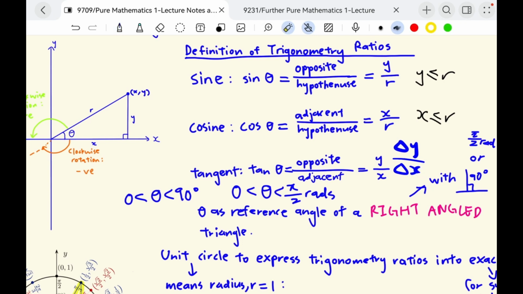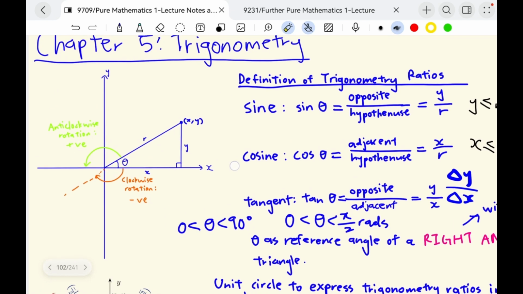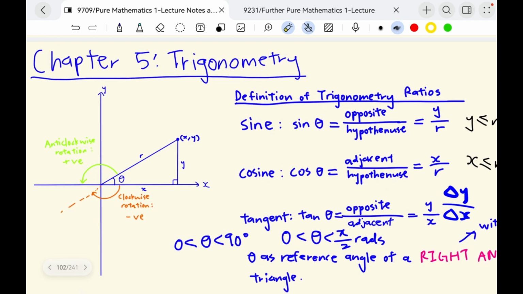For this, we can see that the tangent is actually the gradient of the straight line, where its angle is elevated from the positive x-axis.